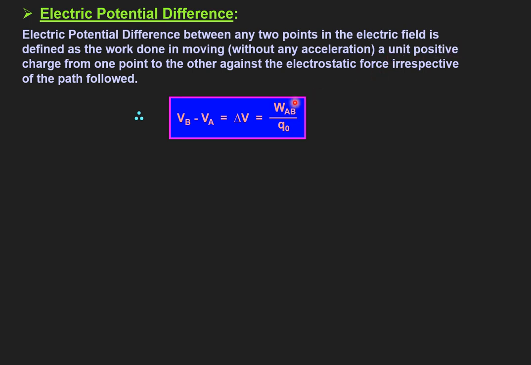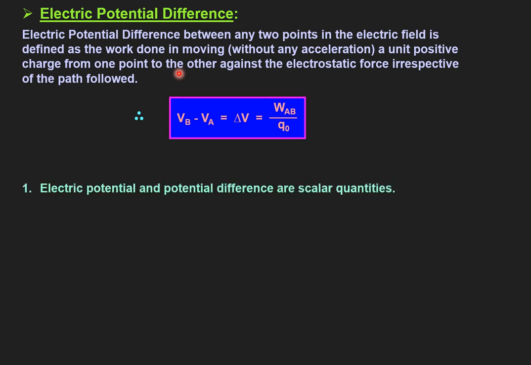Whenever we divide total work done by any test charge, this right hand side is the work done per unit test charge. So this is simply the electric potential difference. What we can conclude here is that electric potential as well as potential difference are scalar quantities.